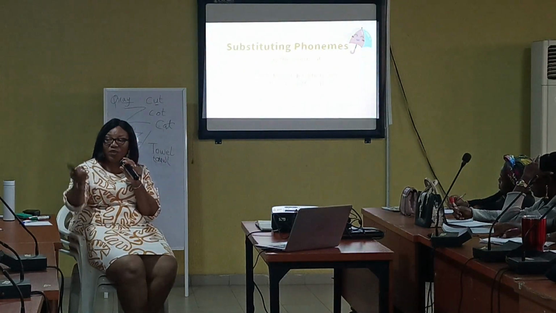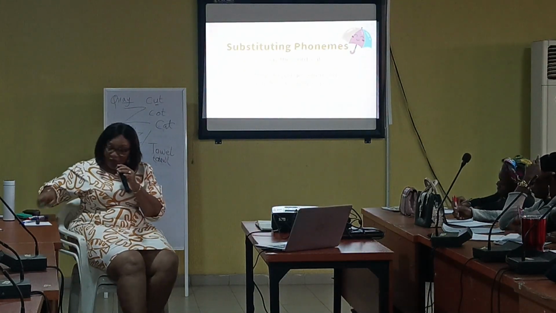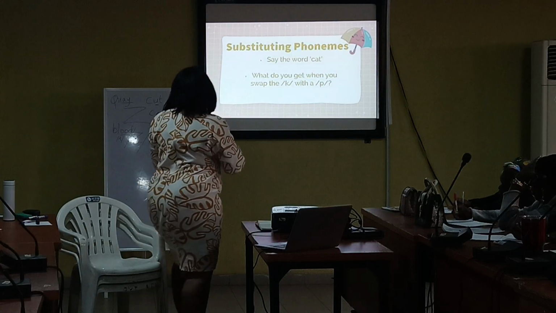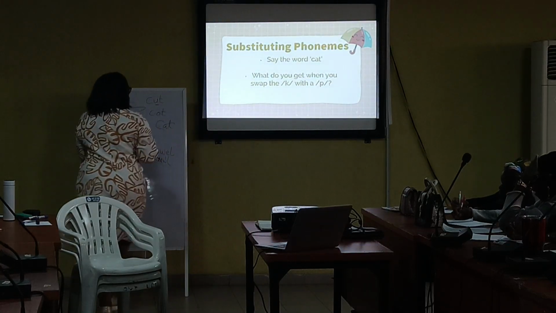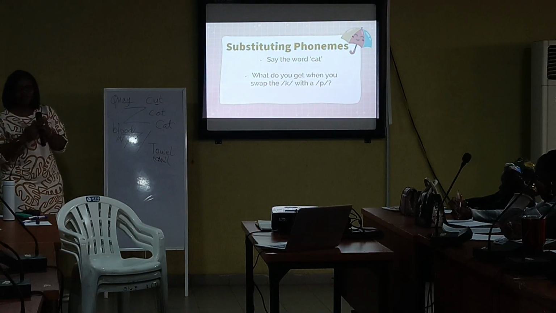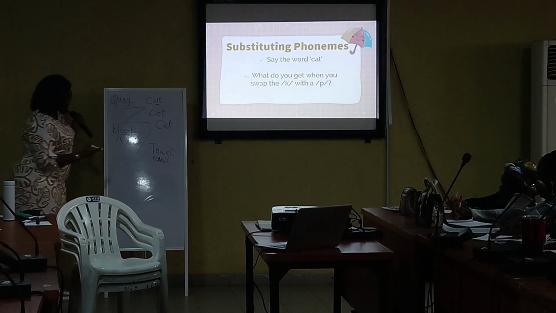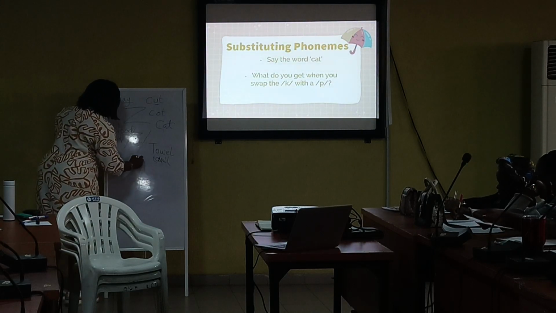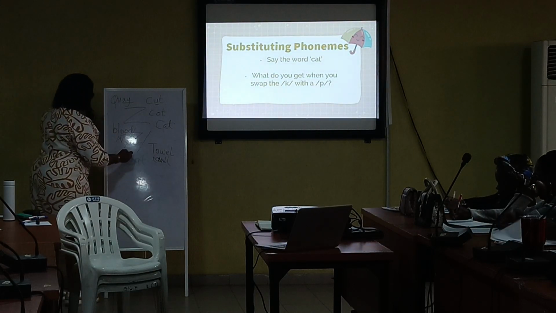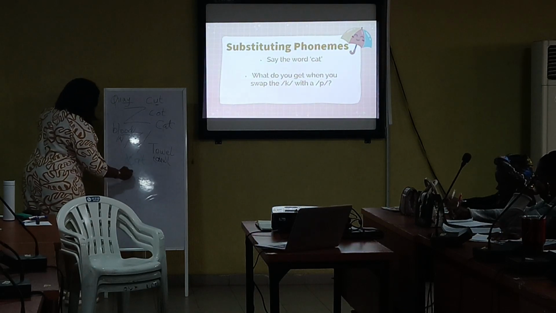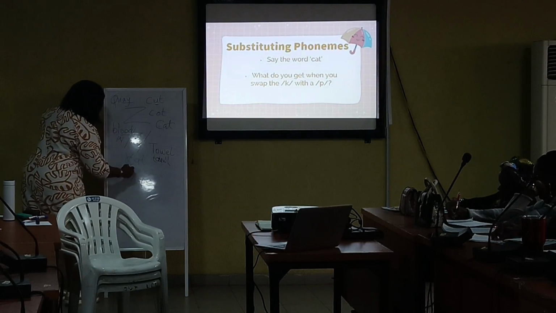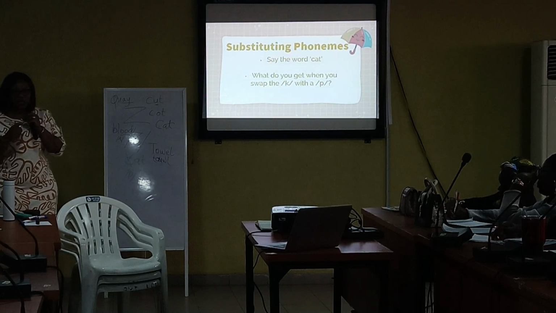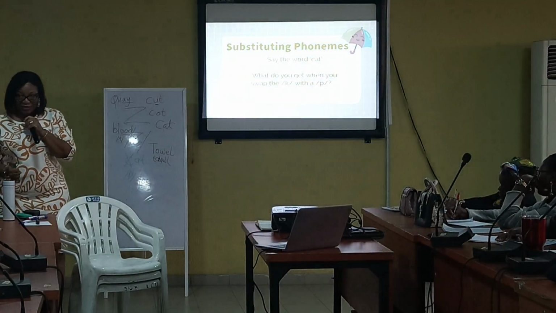So you have your cat written down somewhere, on your mobile letters, any kind of letters, phone letters, card letters, whatever. Now you want to swap the c for a p. What happens?